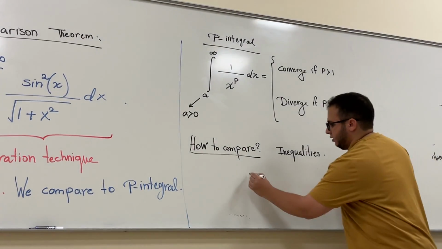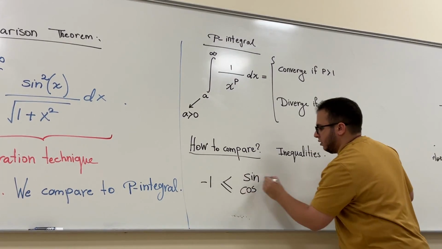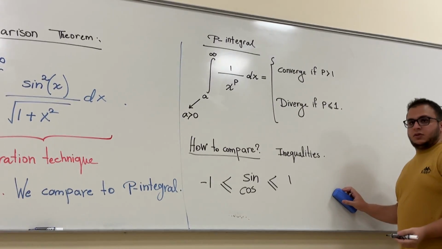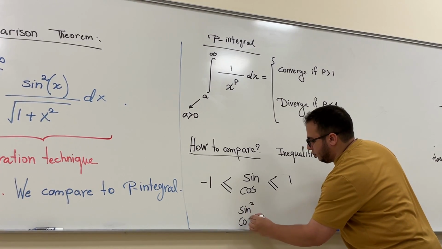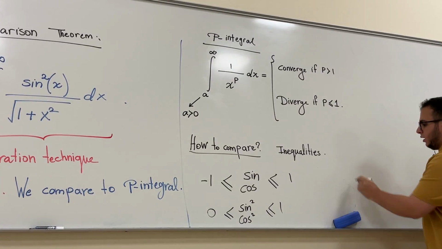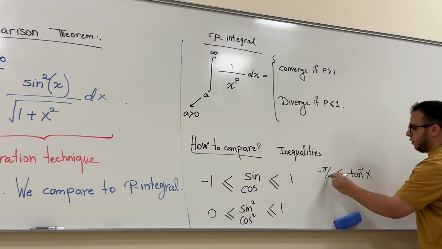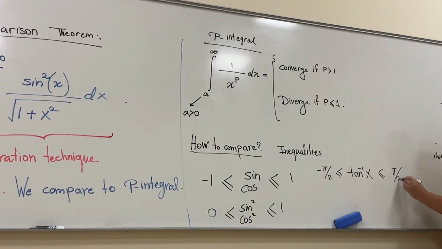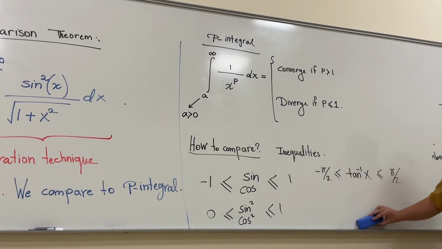We used to say sine and cosine are between what and what? Minus 1 and 1. You have to know this. You have to know that sine squared and cosine squared are between 0 and 1. You have to know that tan inverse is between minus pi over 2 and pi over 2. And you have to know some pure facts.